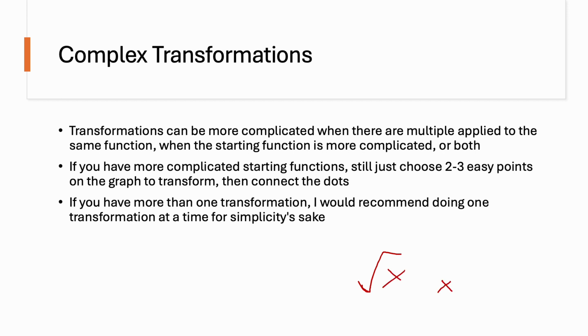X squared, that's a more complicated function. So the starting function itself can just be more complicated. And if that's the case, we're usually going to want to choose 3 or maybe even 4 points on the graph to transform and then connect them, just because the shapes of the graph itself can be a little weird. And if you have more than one transformation, just like we did back there, I would recommend doing one at a time just for simplicity's sake.